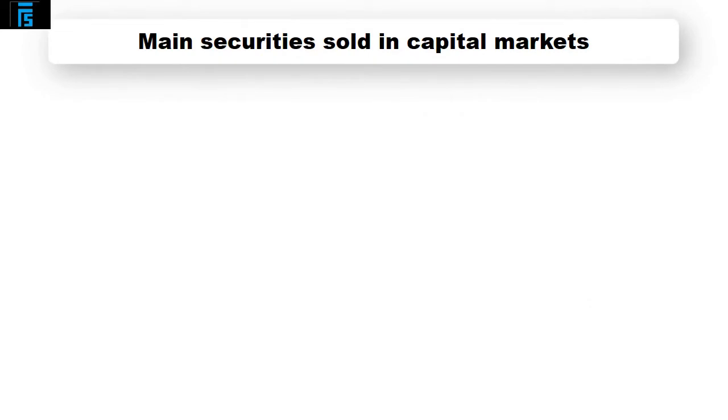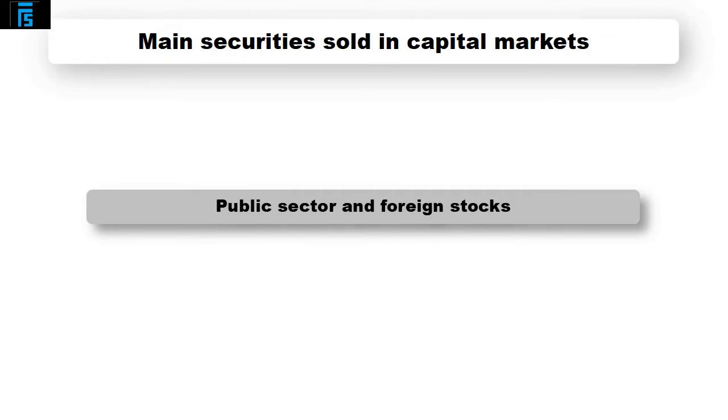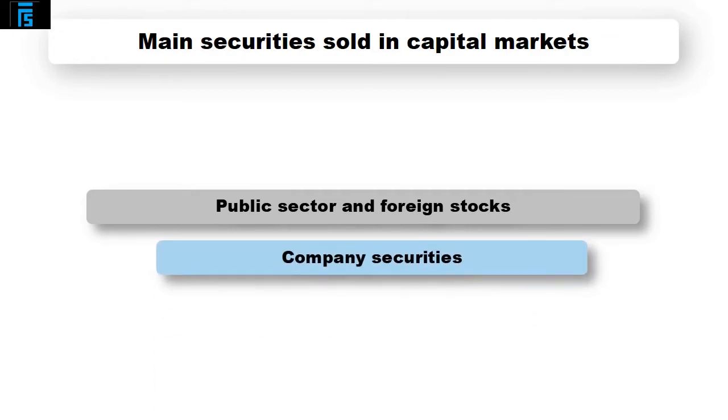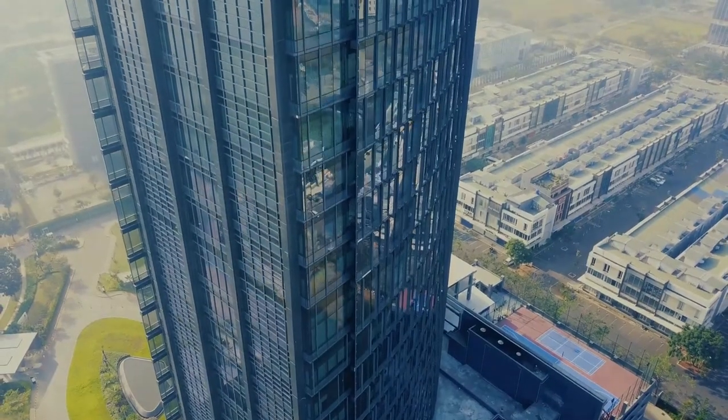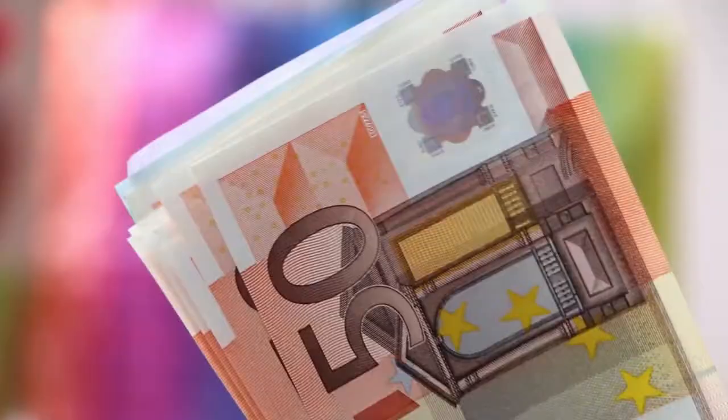The main securities sold in capital markets are public sector and foreign stocks, company securities, and Eurobonds, also called international bonds. These are bonds that are in a currency that is not the national currency of the issuing company. So a US company could issue an international sterling bond.